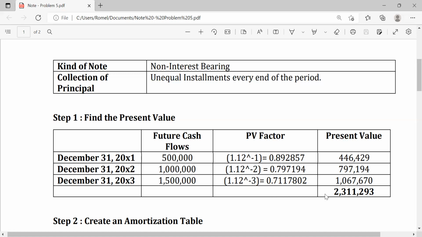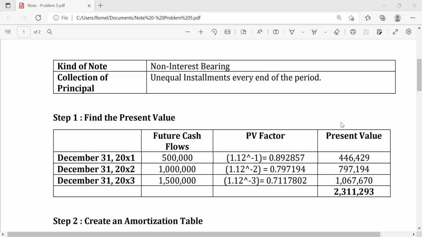And the next thing that we will do is we will add the present values for 20X1, 20X2, and 20X3. So when we add all, the present value is 2,311,293. This is the present value of the note.